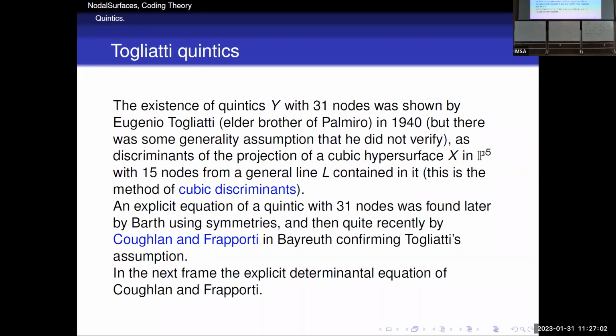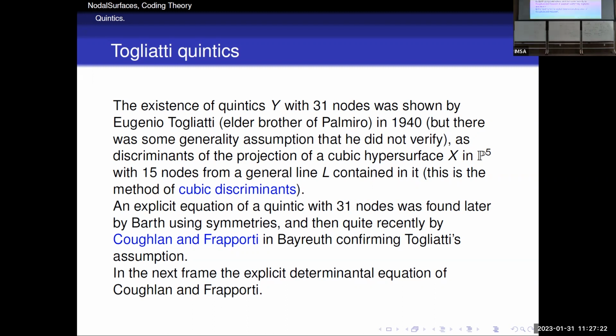And then the projection gets 15 nodes from the 15 nodes of X, plus 16 other nodes, which come from the representation as a determinant of a 3 by 3 matrix of polynomials.